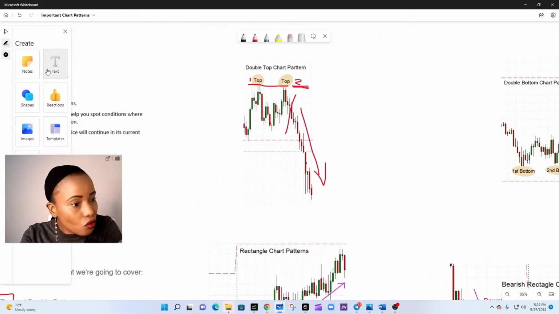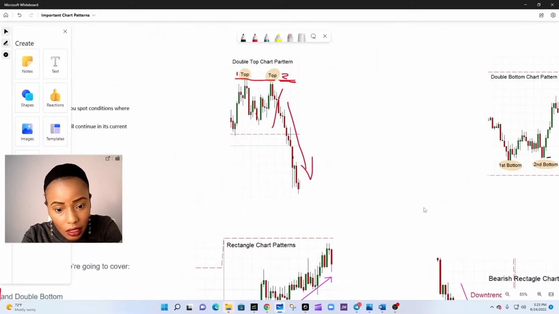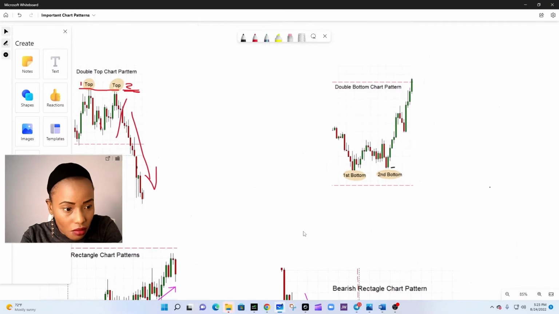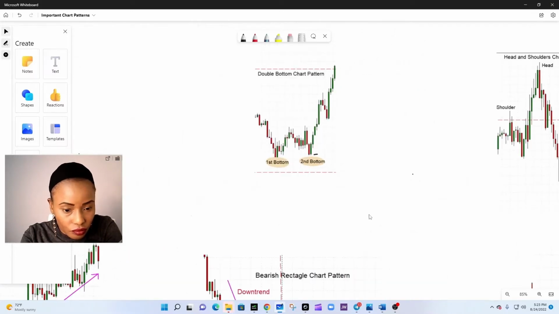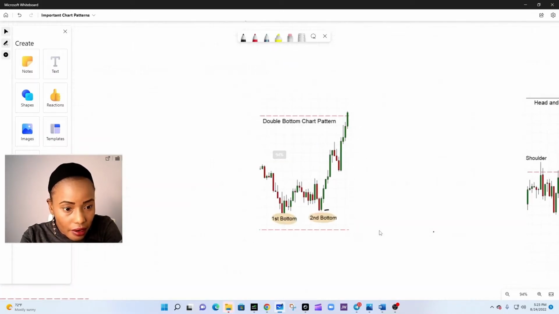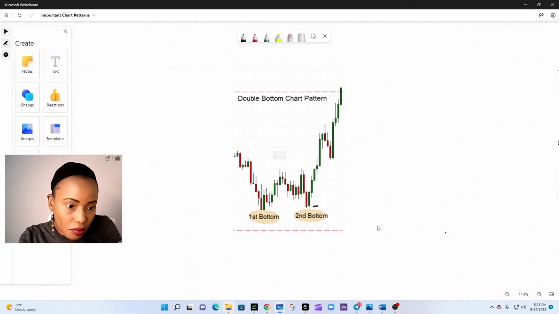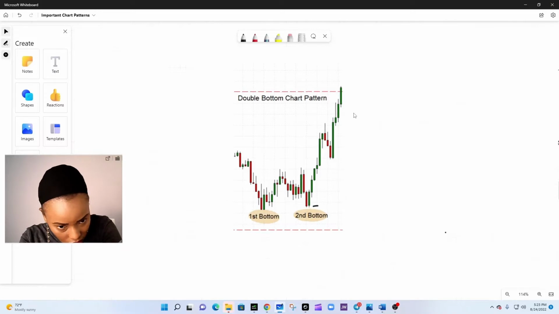So let's look at the inverse. What happens if you see this in a downtrend market structure? This is now a double bottom chart pattern. It's the inverse of the double top chart pattern.